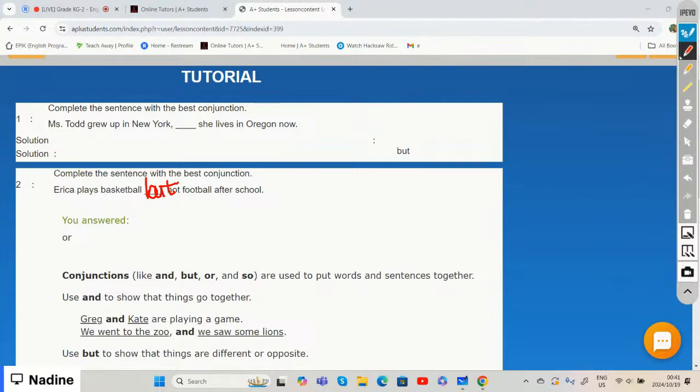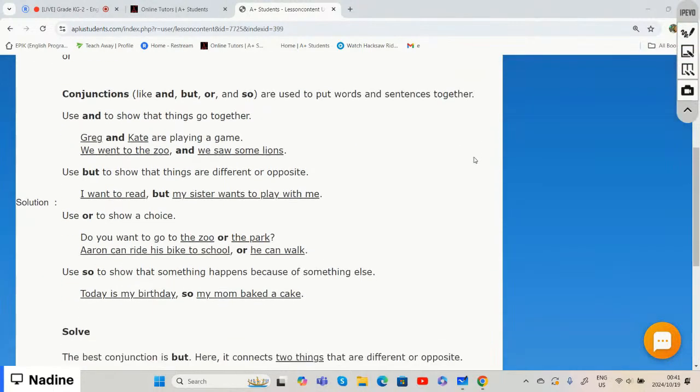And you will be able to know which one to use within your sentence, because if we use and, then and is used to show that things go together. It gives us the idea of this and that, which means that things come together.